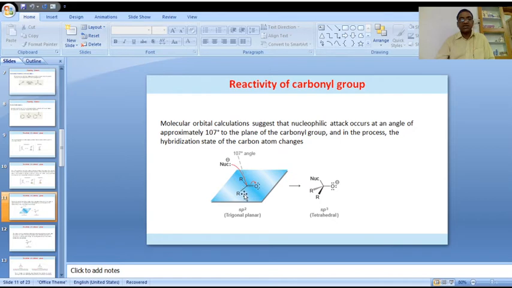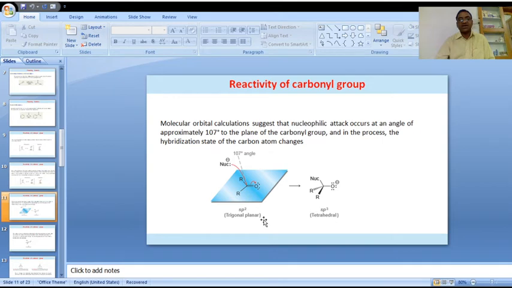Generally, this carbon undergoes sp2 hybridization. Based on this sp2 hybridized orbital, the structure is trigonal planar.